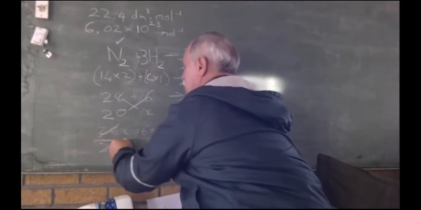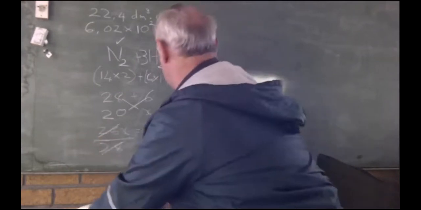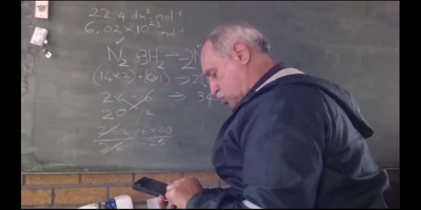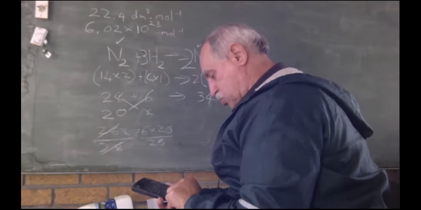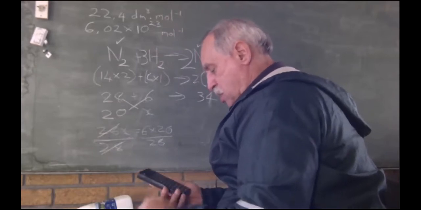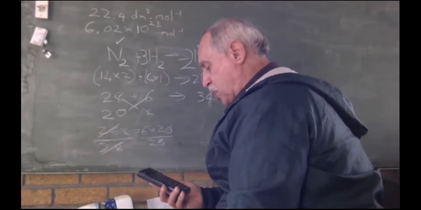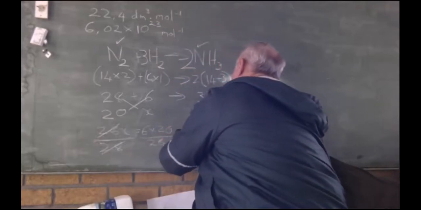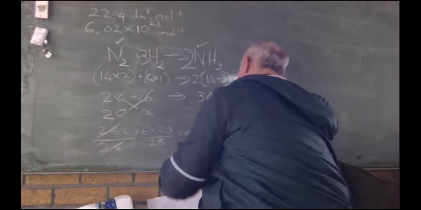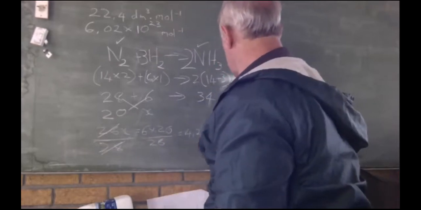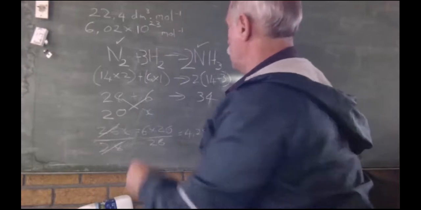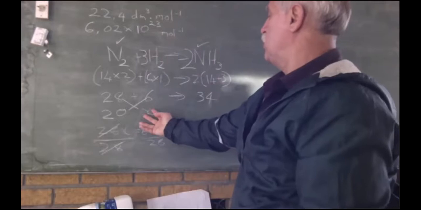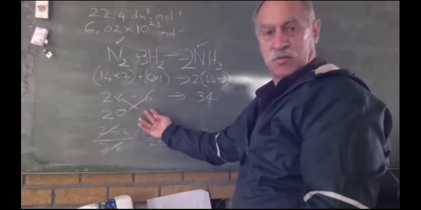The 28's cancel out, and my answer should be 6 times 20 upon 28. Let's try that, 6 times 20 divided by 28, and I get 4.28. So 4.28 would be needed here.